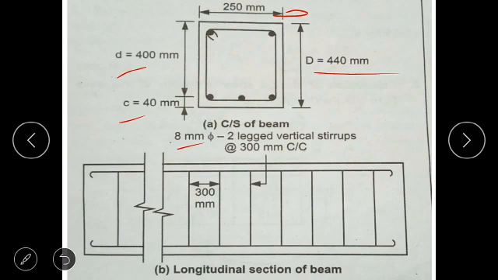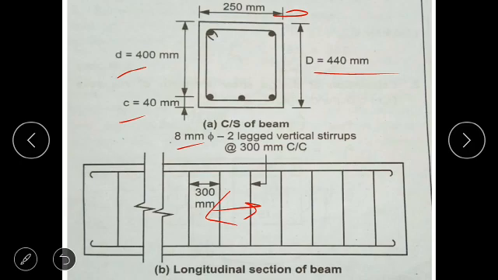The spacing between these two is 300. After the solution we have to draw the longitudinal section and cross section of the beam. So by using these steps we design shear reinforcement.